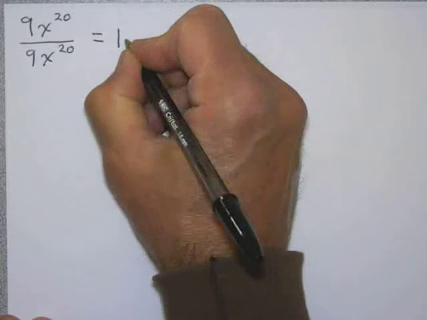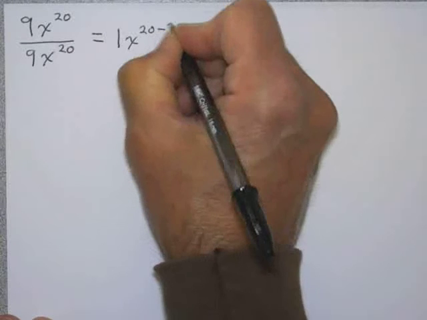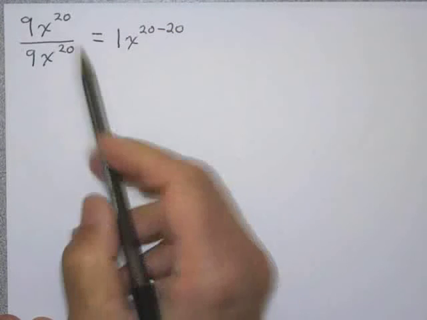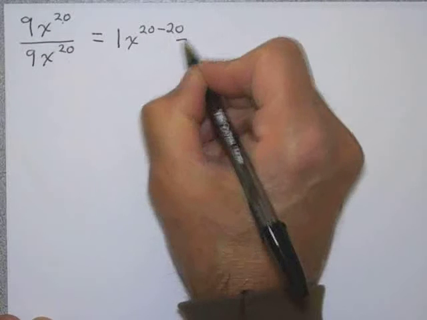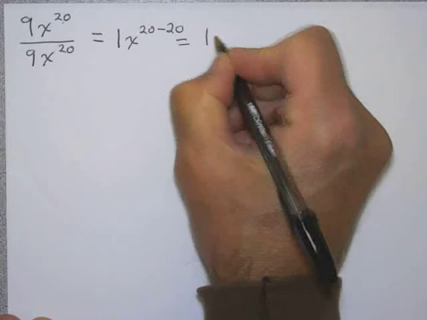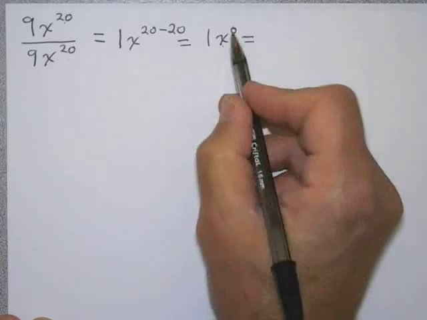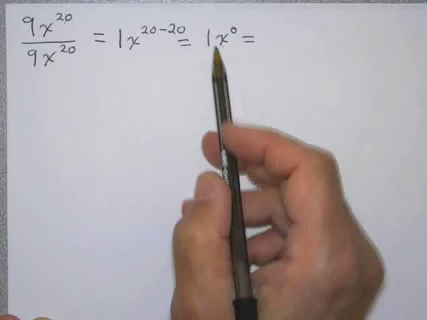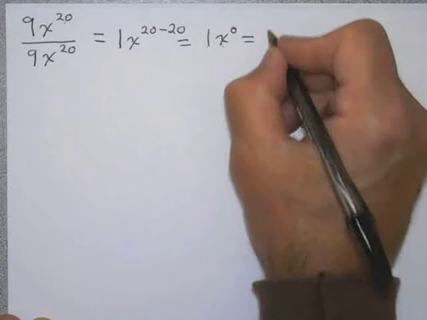And then we have x to the 20th minus 20. Remember, I'm subtracting the denominator from the numerator. All right, this is going to then give me 1x to the 0 power. Well, anything to the 0 power is 1. Therefore, this is essentially 1 multiplied by 1, which equals 1.